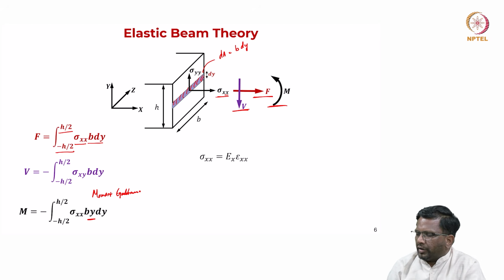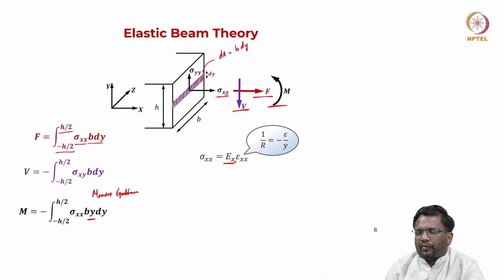Okay. Now, let us go back. For an elastic material, stress and strain are proportional, related by the elastic modulus E. We also know the relationship for epsilon that we calculated: 1 by r is nothing but minus epsilon by y, depending upon the sign convention you have taken. In other words, curvature is strain divided by the distance of the fiber where the strain is being calculated.